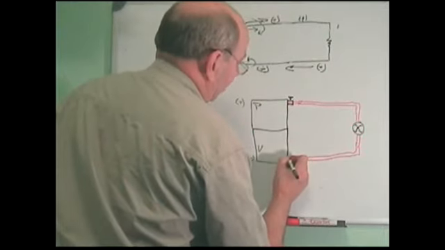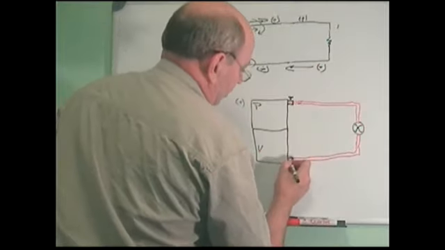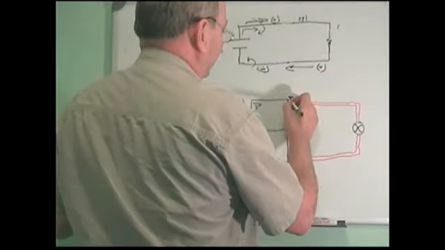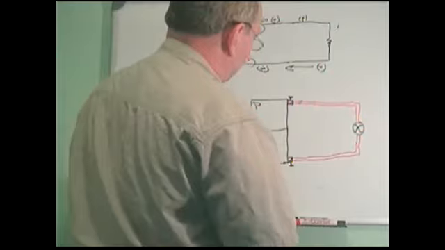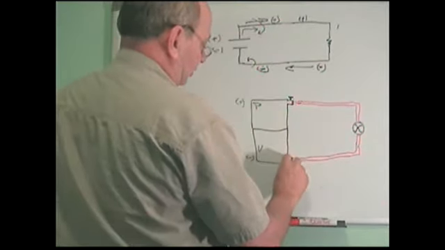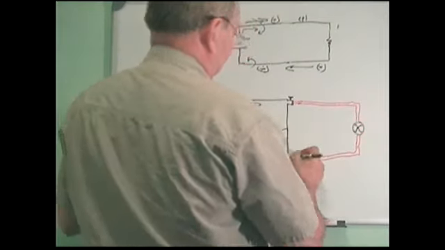And let's put another valve right here. Okay, so we can either have the valve open or closed. Okay, we're going to make it closed. Make sure our valve is closed.